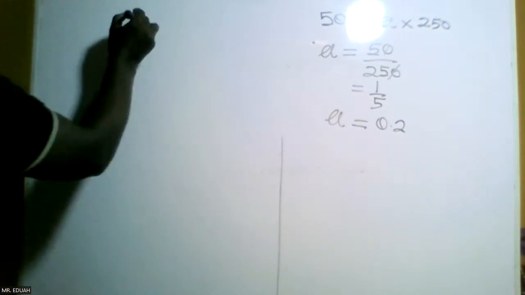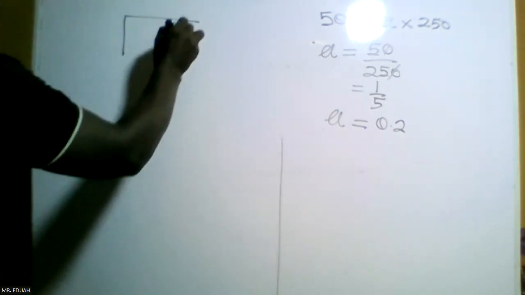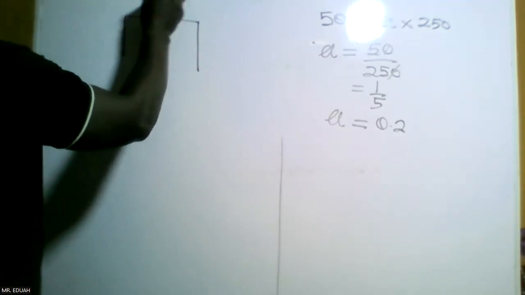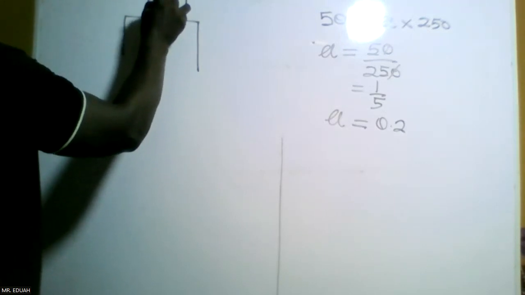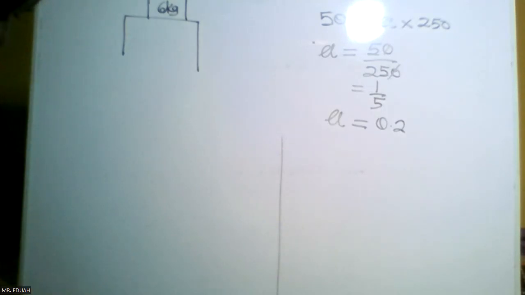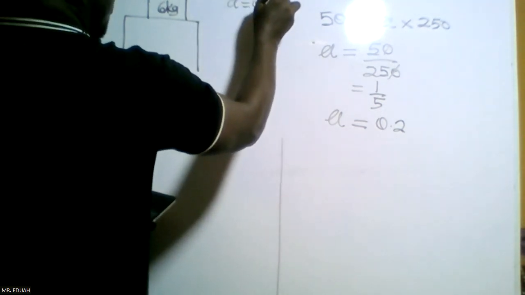So horizontal table, and we have a mass of 6 kg, resting on a rough horizontal table. If the coefficient of friction of the surface is 0.4, so here mu is equal to 0.4.